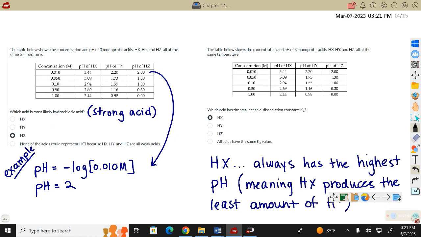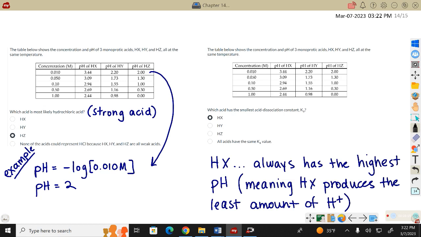And then the last three questions all reference this table. I've got 3 unknown acids, monoprotic, just meaning that they produce one hydrogen ion, and they're at varying concentrations. The first question wanted to know which is likely hydrochloric acid, which is a strong acid.